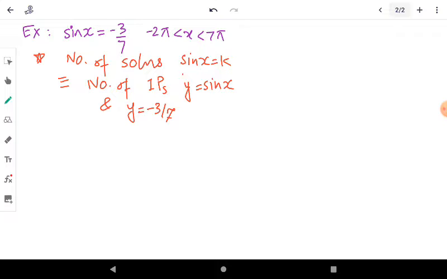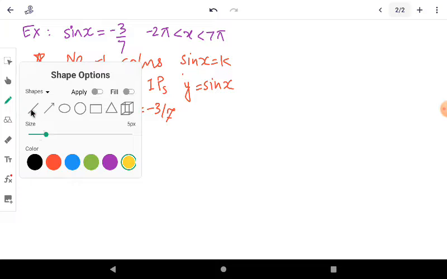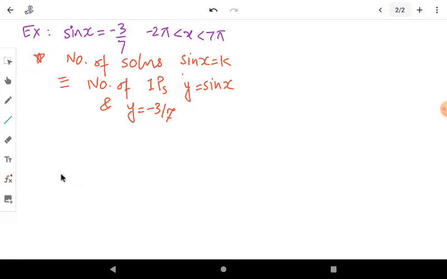We will first draw the x-axis, guys, and then the y-axis, and then we will draw the graph from minus 2 pi to 0 like this.